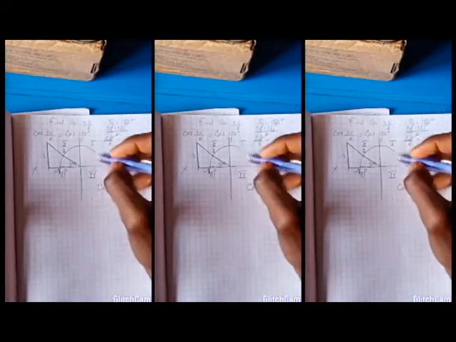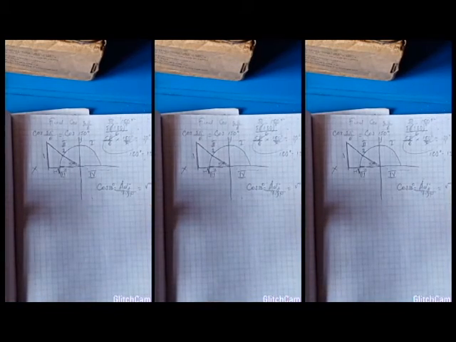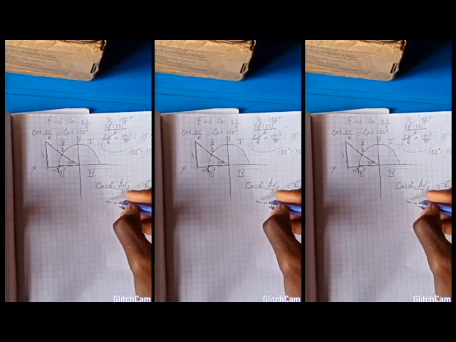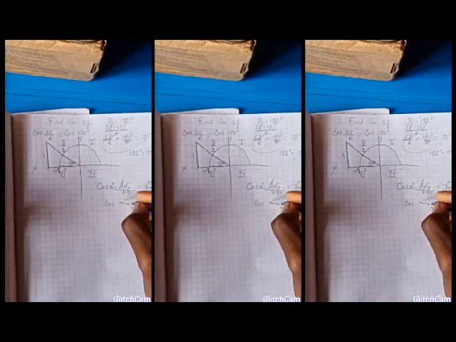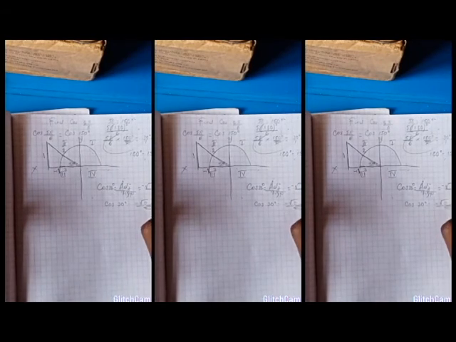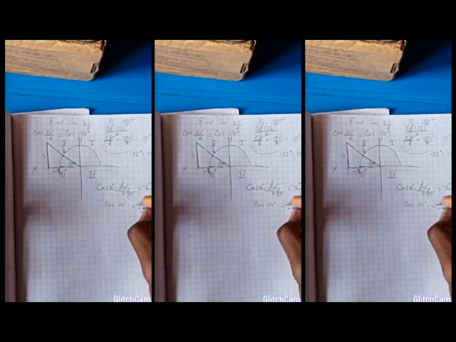The adjacent to 30 degrees is the square root of 3, in this case negative square root of 3, and the hypotenuse is 2. So the value of cosine of 150 degrees equals negative square root of 3 over 2. And that is the exact value, and we solved it. Thank you.